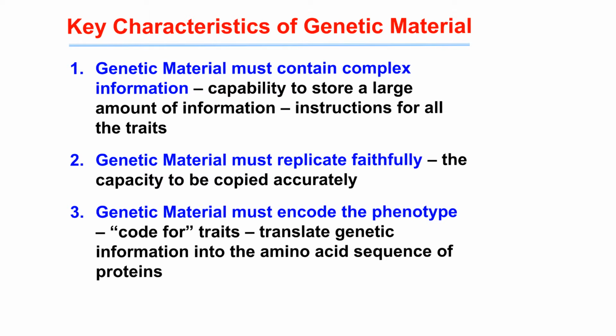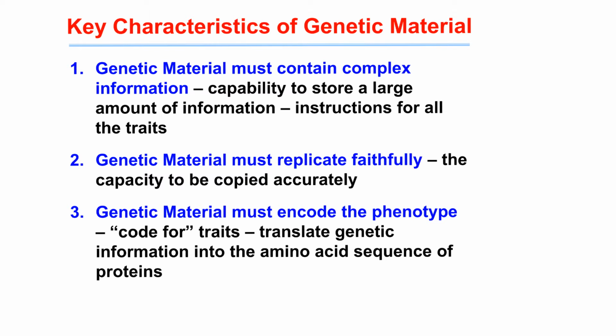Third, genetic material must encode a phenotype. So the chemical code has to be translated into something which encodes phenotypes, and we know that DNA encodes mRNAs, RNAs, and afterwards translates the code from DNA into proteins.